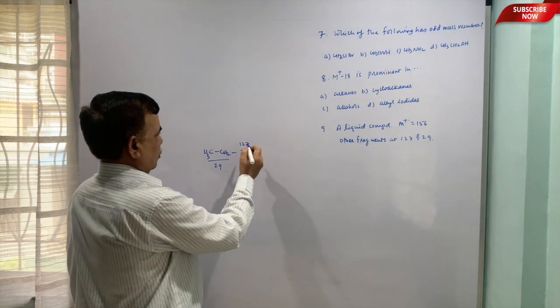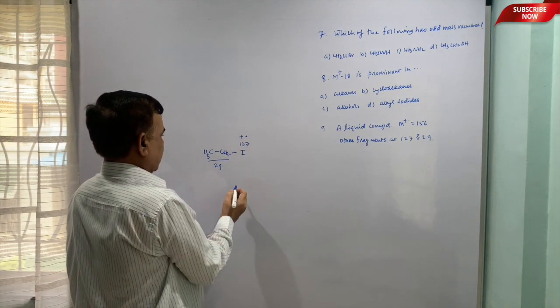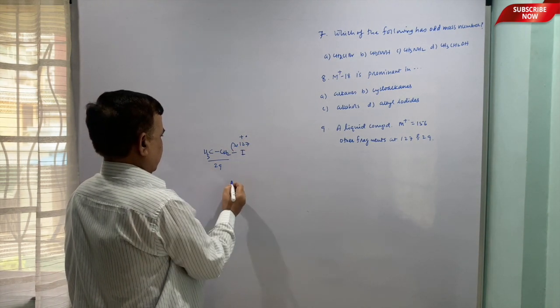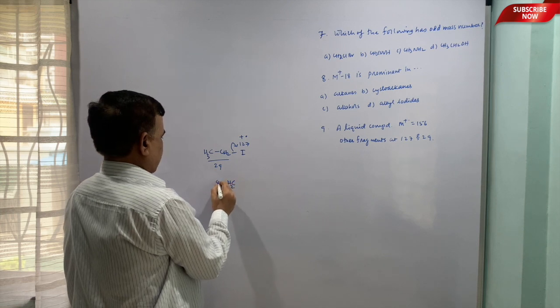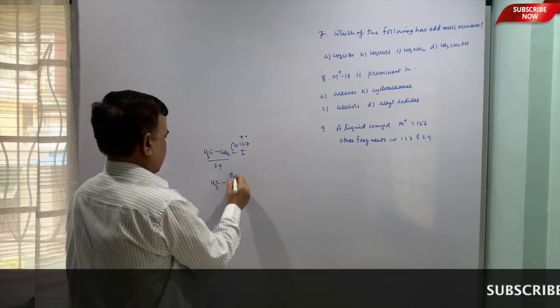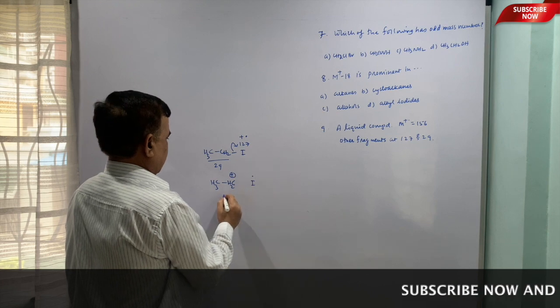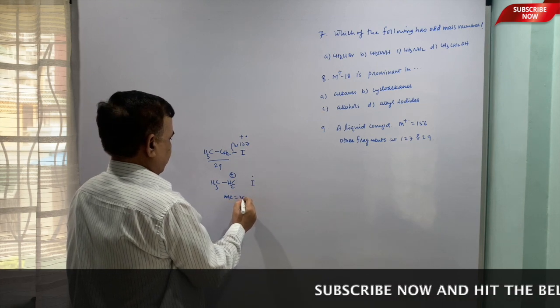Okay. So if I put radical cation here and break it this way, it is going to be CH3 CH2 plus, iodine radical. So this will be 29.